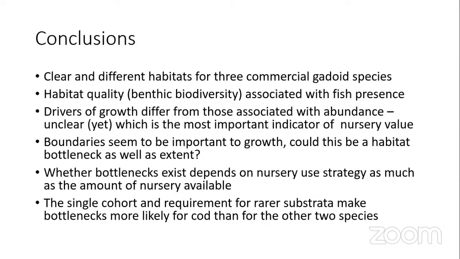And if you have a single cohort and a requirement for a rarer substratum type, that's going to make a bottleneck much more likely. And it seems to be much more likely for cod than it is for the other two species. And that might be related to the fact that cod is doing much worse than the other two species on the west coast of Scotland.